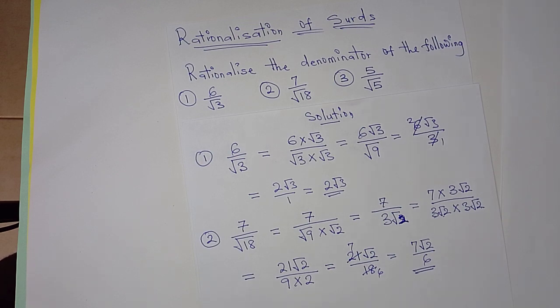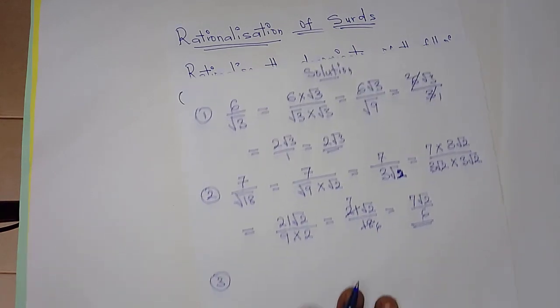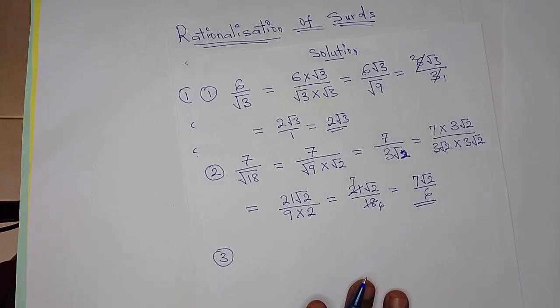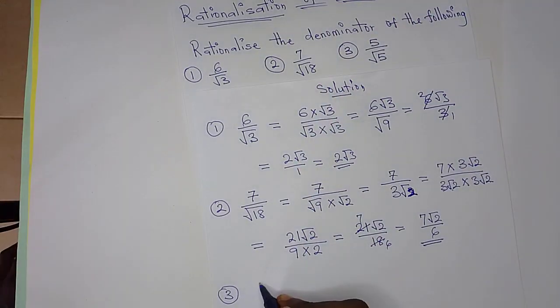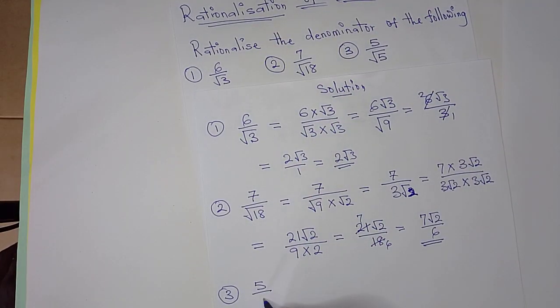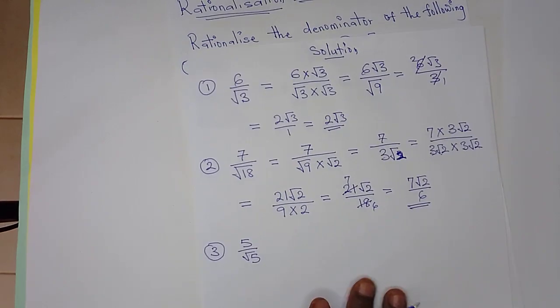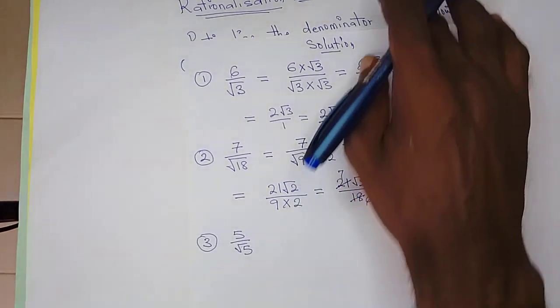So let's take number 3 question. Now number 3 question says we should rationalize 5 all over root 5. That's number 3 question.